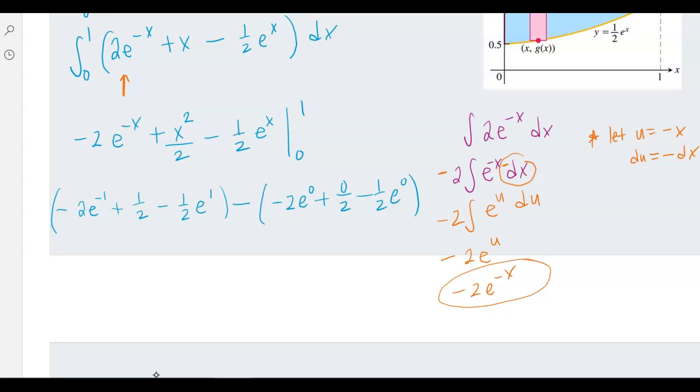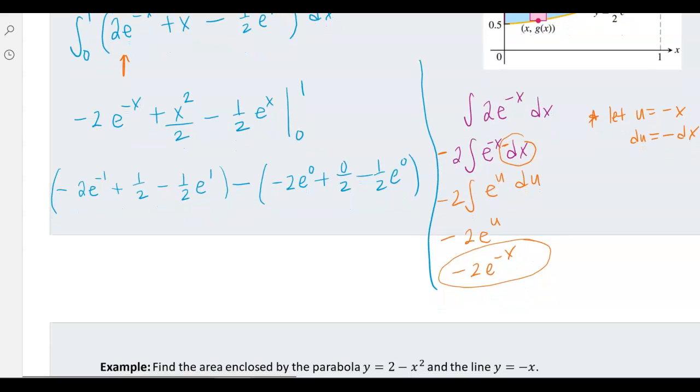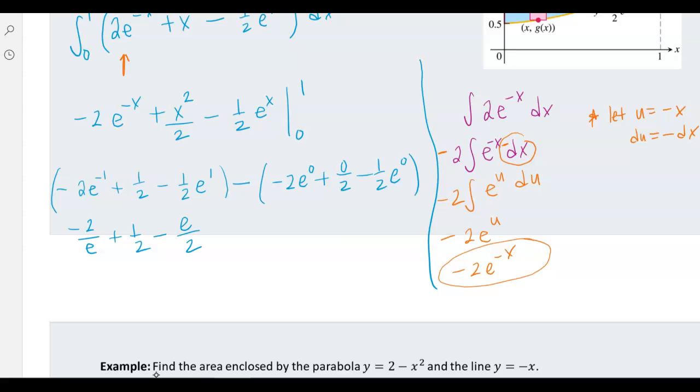Okay. So this is -2 over e. I've got a plus 1/2. This is minus e over 2. E to the 0 is just 1. That's going to change to a plus 2.